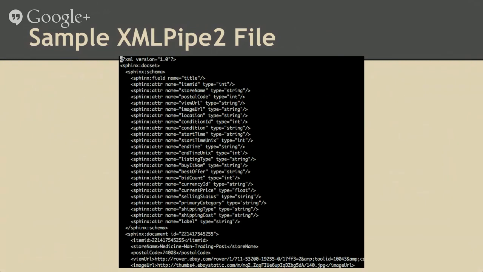This is an example of what the XML pipe 2 format looks like. This top section is just a typical XML document. The schema portion right here has all the attributes, and this is just the namespace, the tag attribute, ATTR.